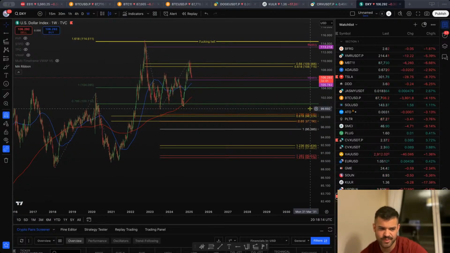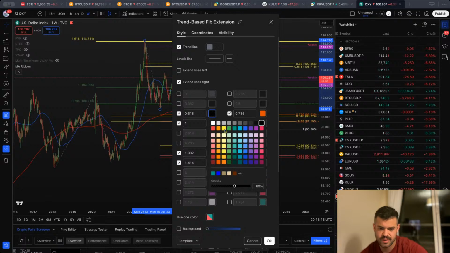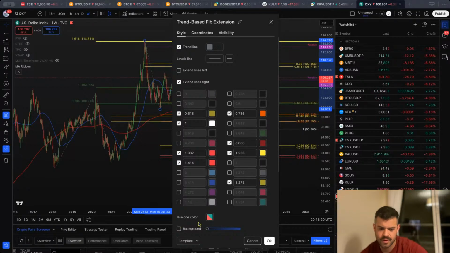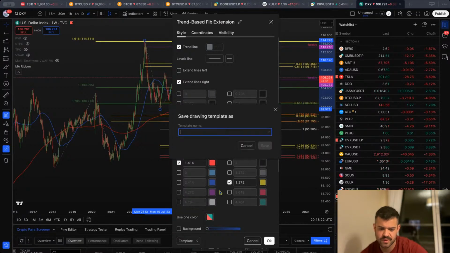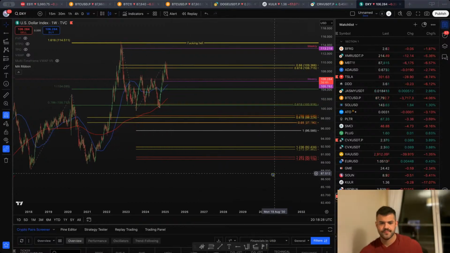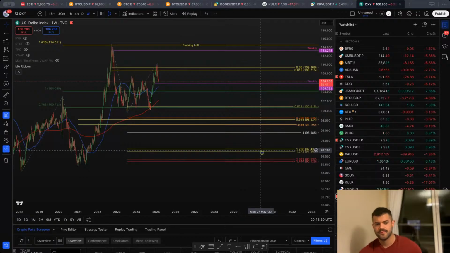It's very possible. It is literally very possible. I'll put the 618 in on yellow. I'll save that as ABC. That could happen, you know. Could reach here, 98. That would be fucking crazy, wouldn't it?